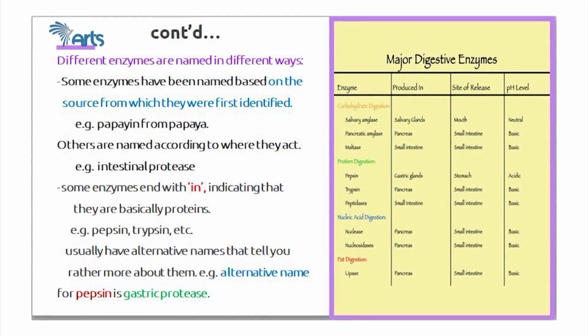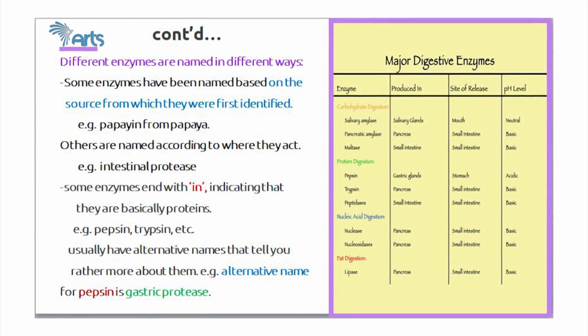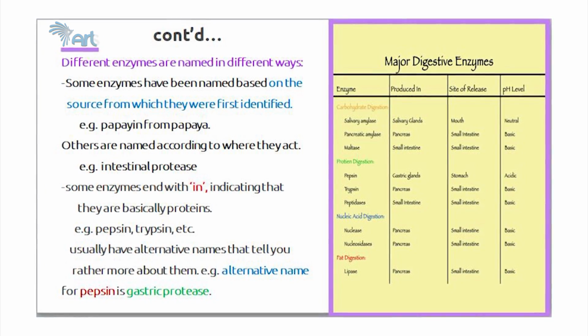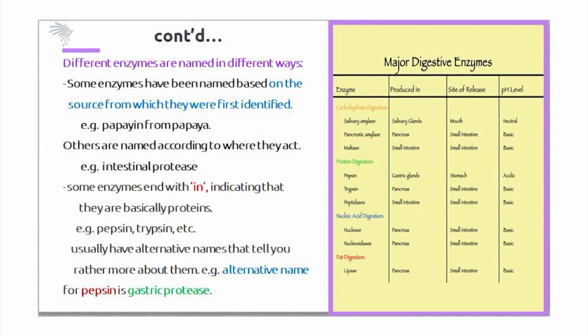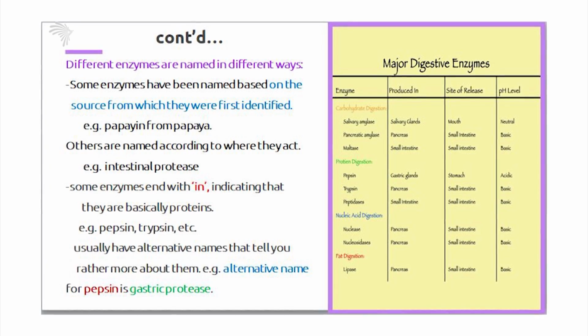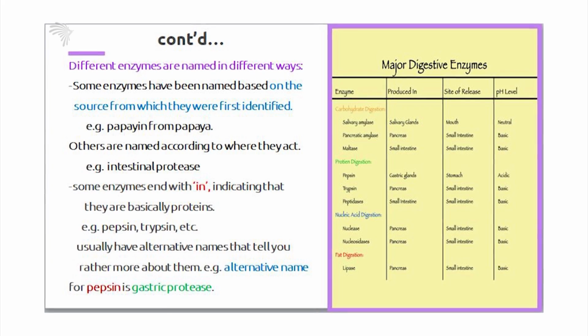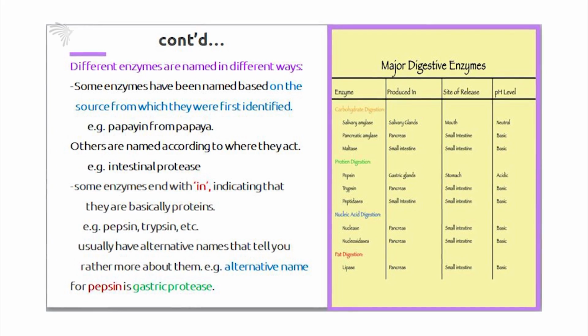For example, the alternative name for pepsin is gastric protease. So a number of protein enzymes are involved in food digestion in humans and other animals.